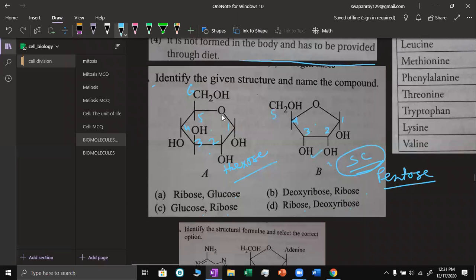Glucose has an open chain and a closed chain structure. This one is the closed chain, ring structure of glucose.